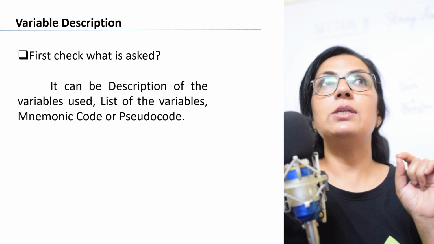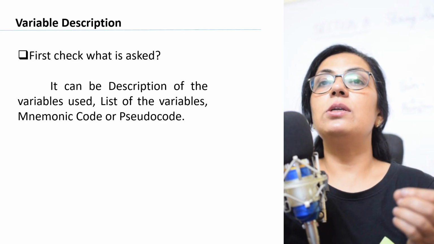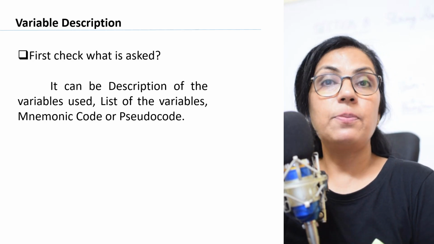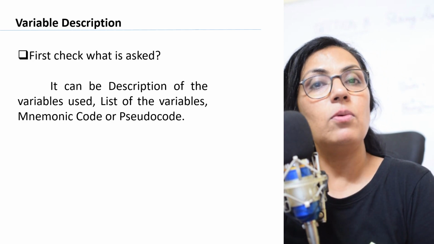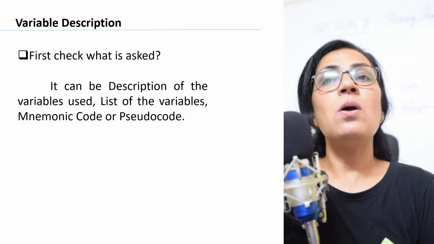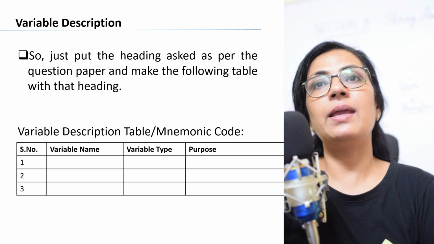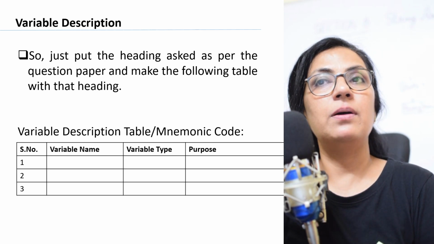So first check what is asked, right? There it will be mentioned to give the description of the variables used, or the list of variables, or the mnemonic codes, or the pseudo codes, right, children? So how it has to be written? Just put the heading asked as per the question paper.